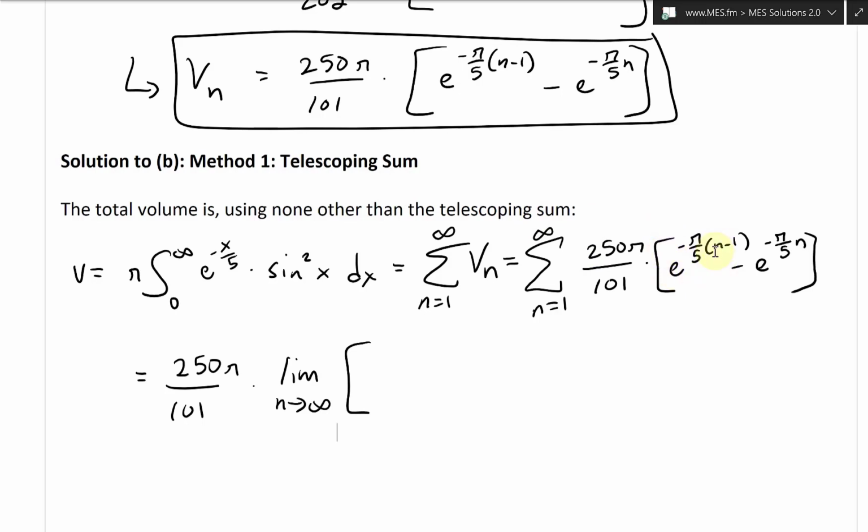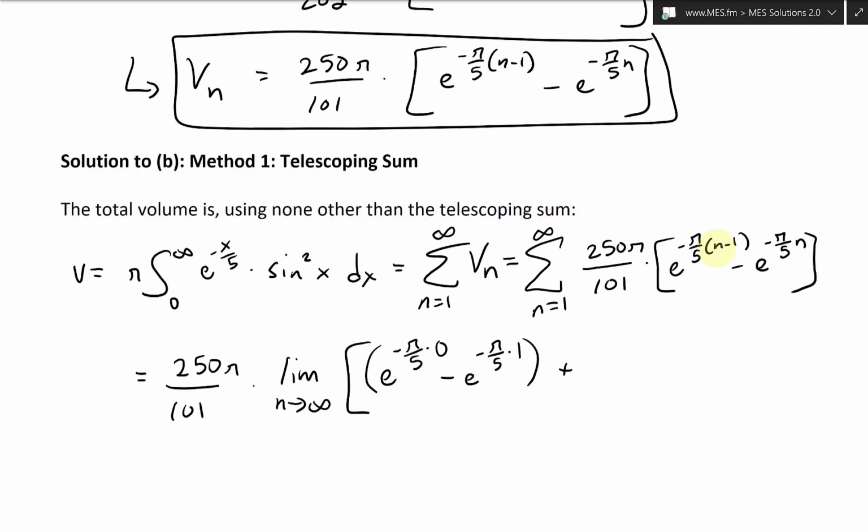For n equals 1, we'll have 1 minus 1 is 0, so we'll have e to the negative pi over 5 times 0, minus e to the negative pi over 5 times 1. That's this one right here. Again, we're going to get the telescoping sum in a bit.